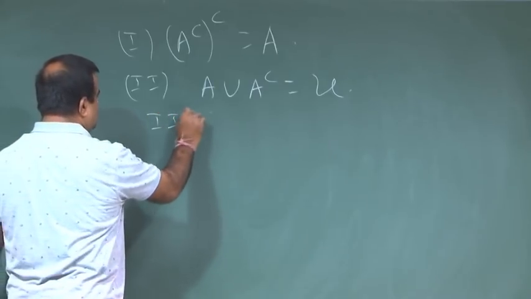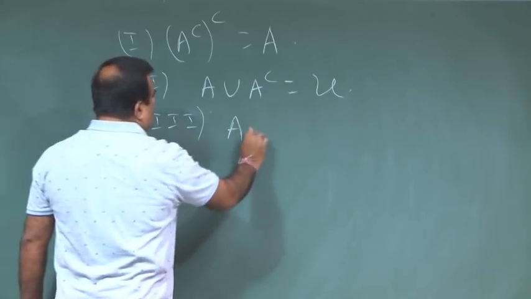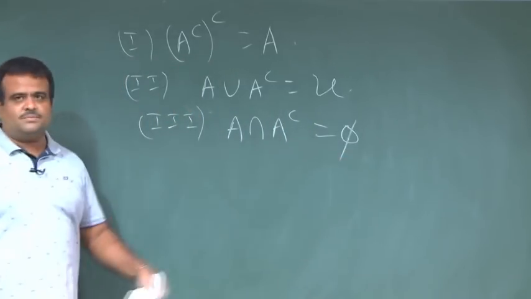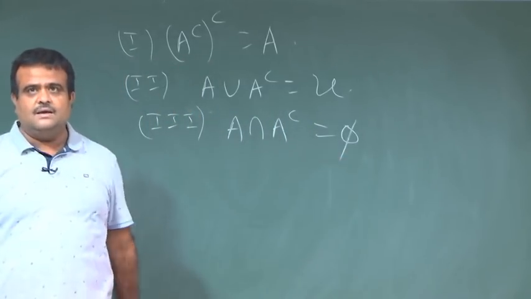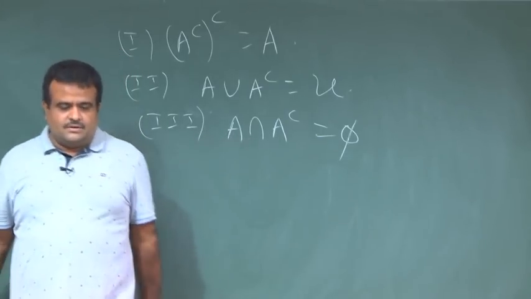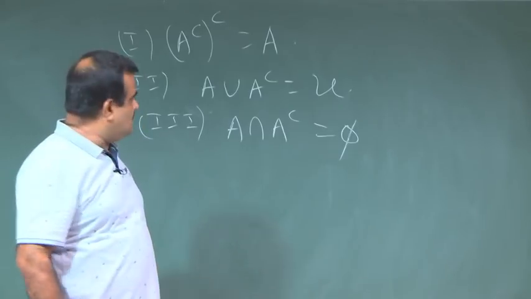And A intersection A complement is quite an obvious property, because the complement consists of the elements which are not in A. So, their intersection must have no common element. So, the intersection will be null.